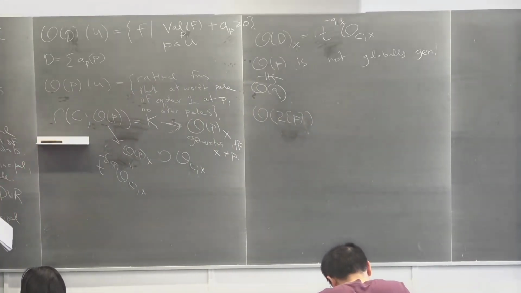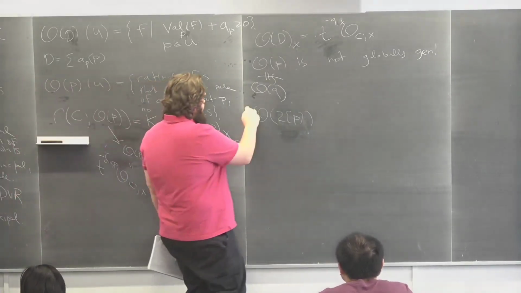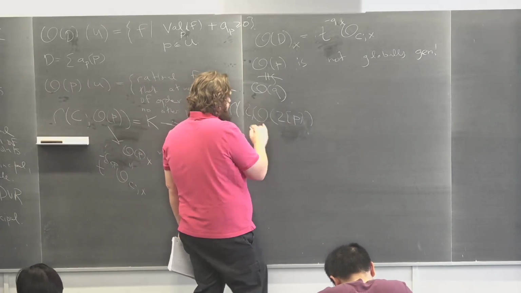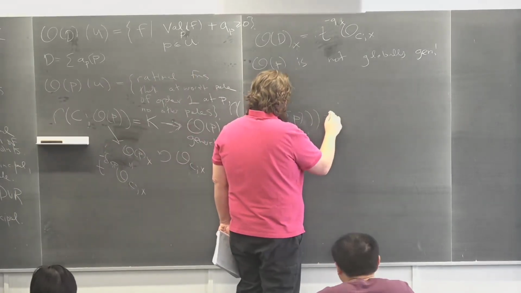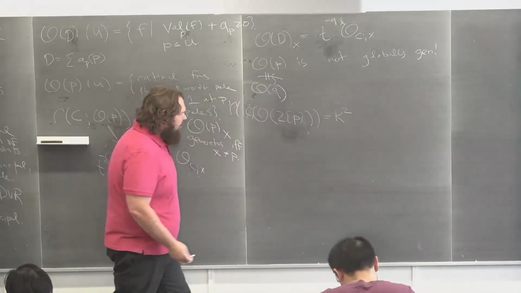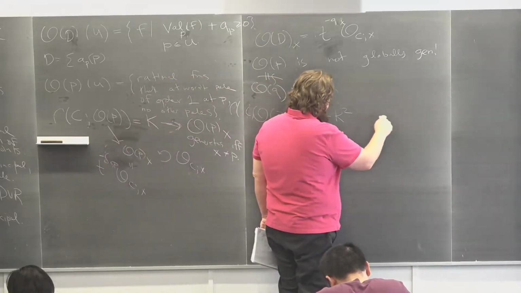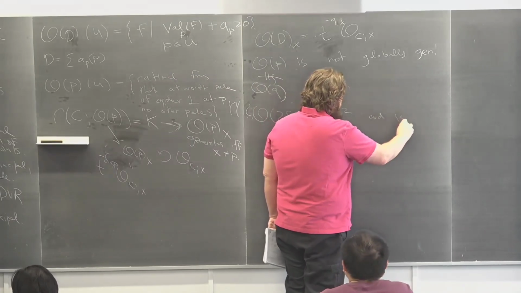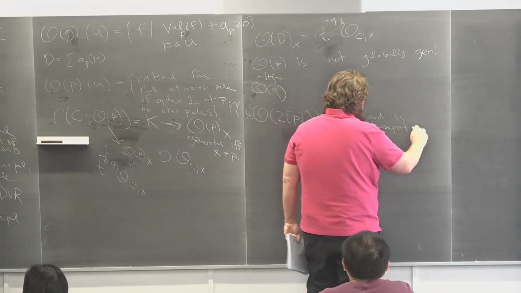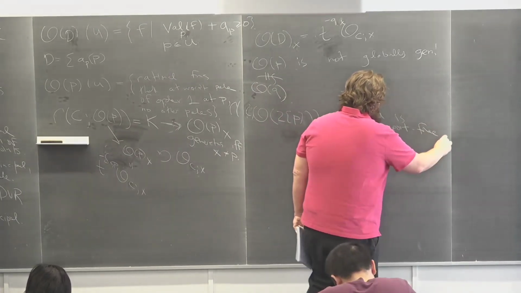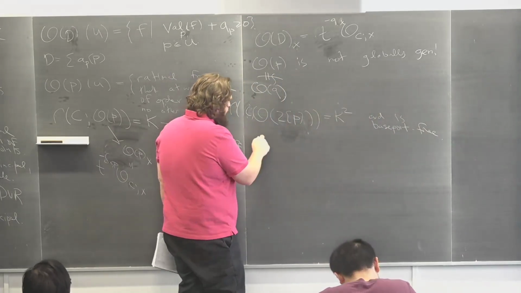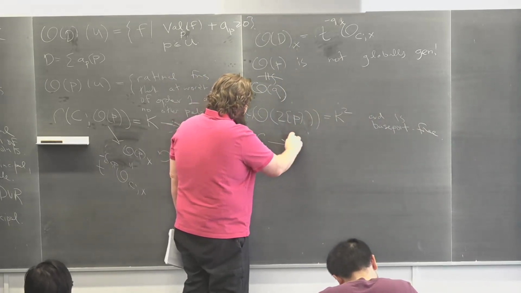All right, it turns out that this now has a two-dimensional space of sections, and is base point free. So this is going to induce a map from C to P^1.